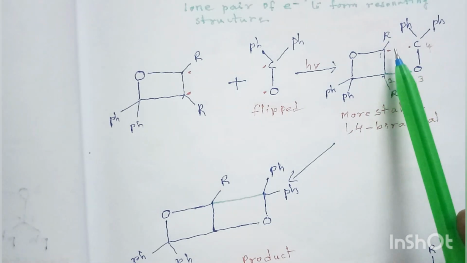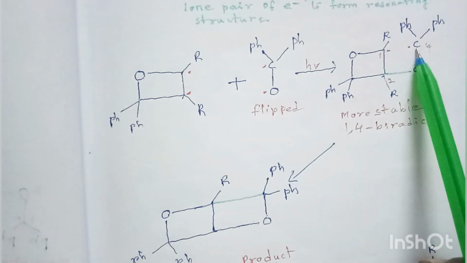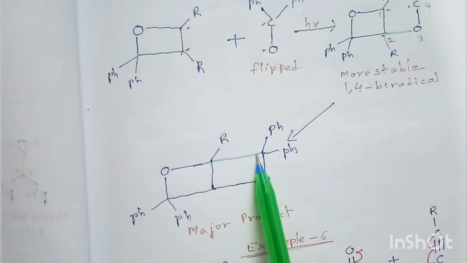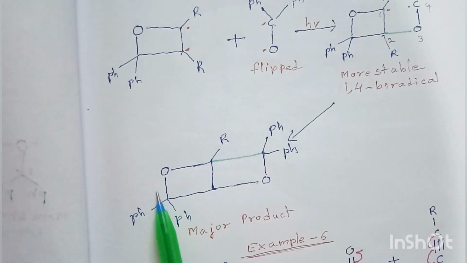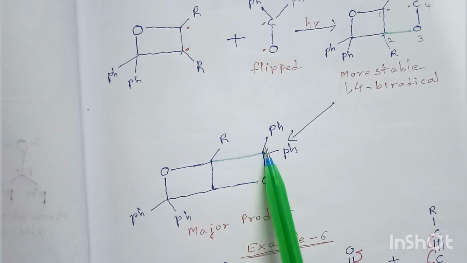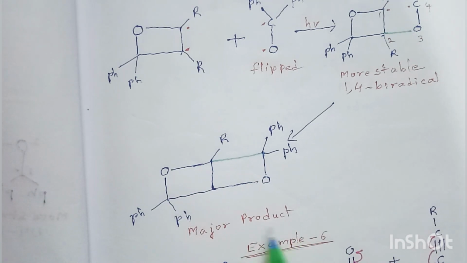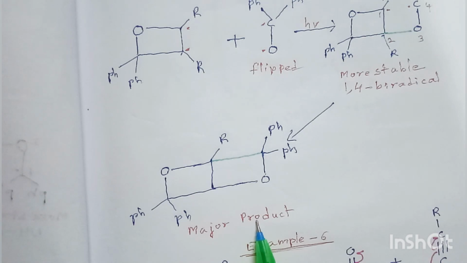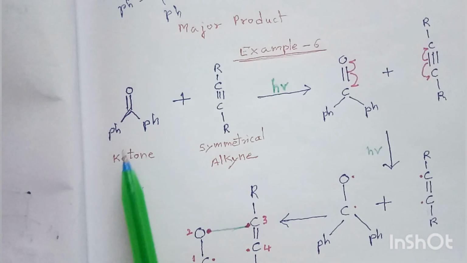In the next step, these two radicals will join together, giving us a cyclic product, which is major product. Okay, this is the product. Let us see another example.